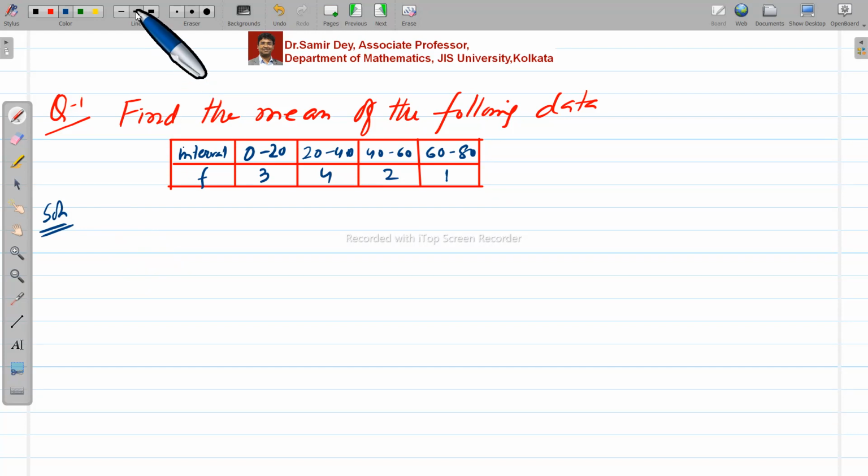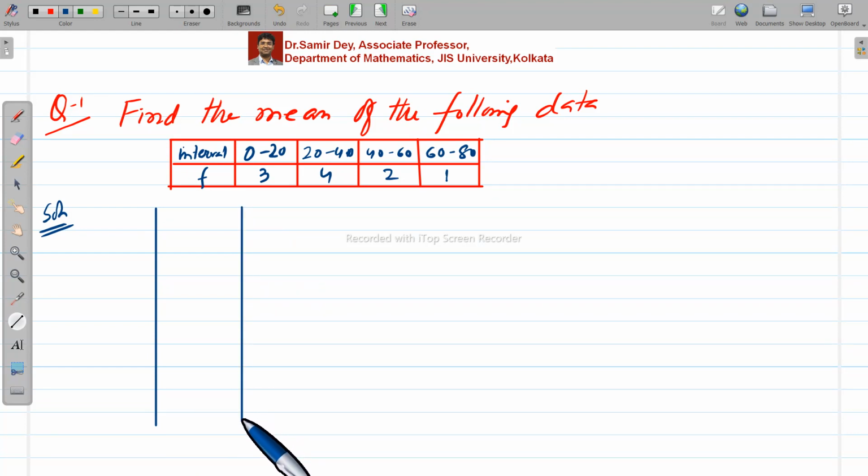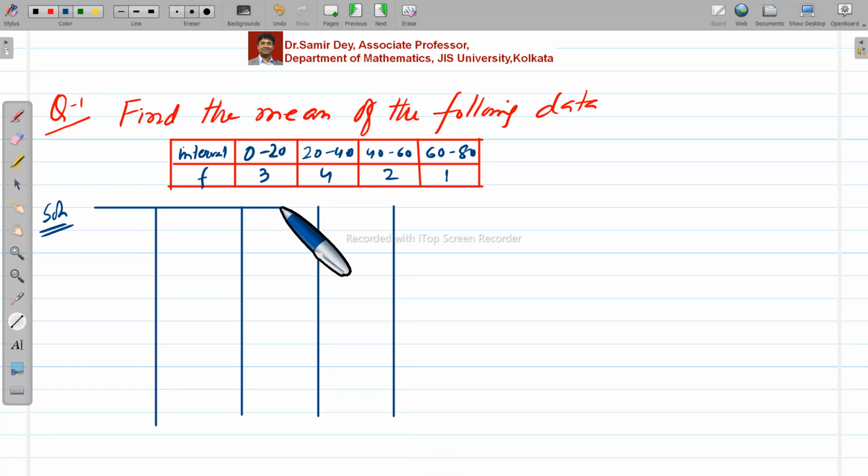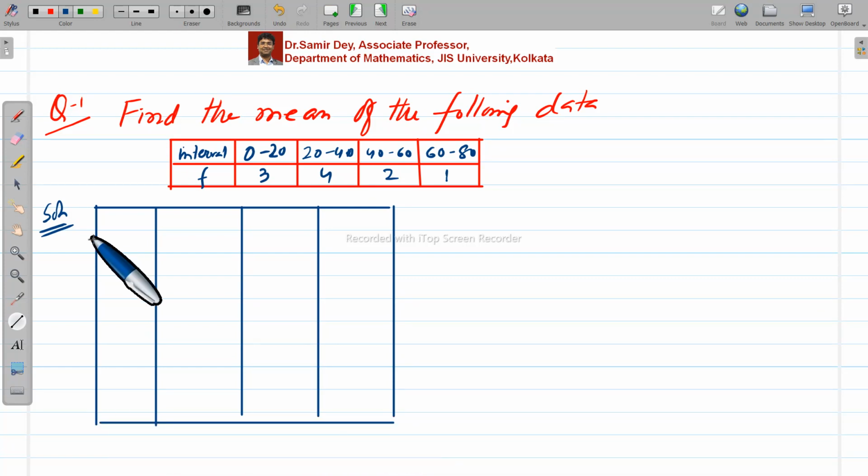The table has the interval, the corresponding frequency f, the mid value that is your m, and then you write down fm.